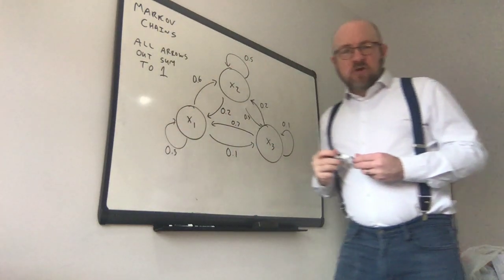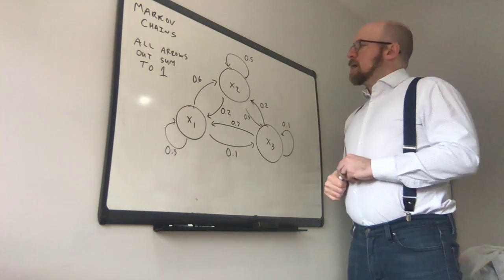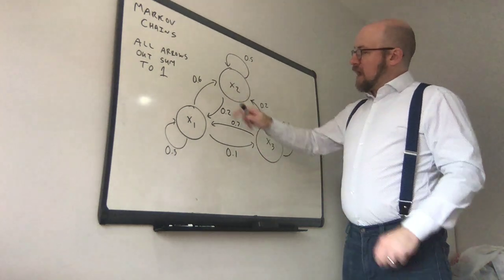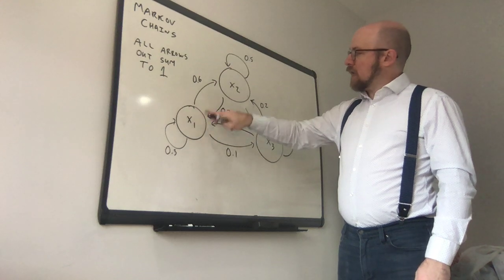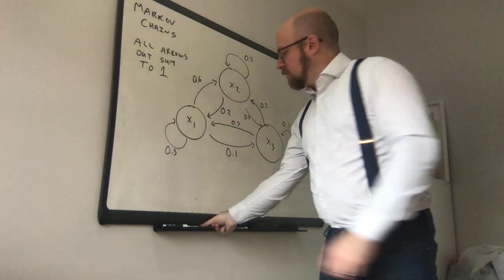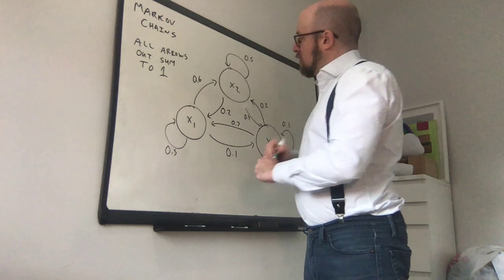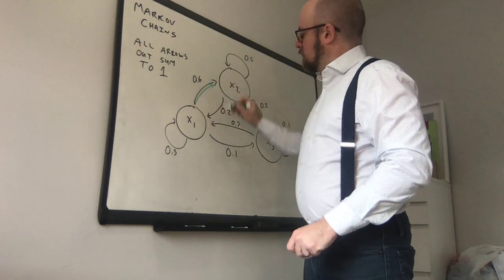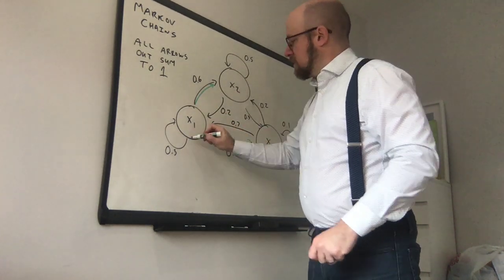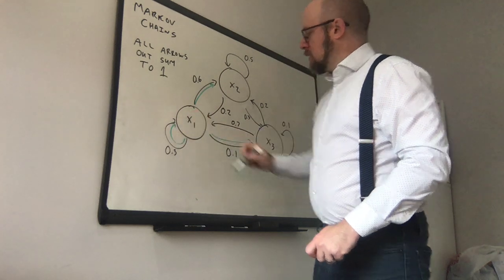So if you look at this state diagram that I've got up here, and at the arrows coming out of x1, we've got 3 arrows. So this one, and this one, right?